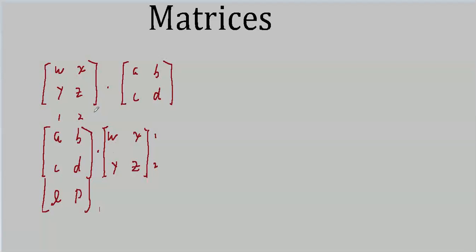Seems weird, doesn't it? But here we have AB. We've got 2 columns, so the top entry in each column will match up with the first entry in each row. We get A times W and B times Y. Same thing here, because we have as many columns as rows. So however many rows we have here doesn't matter.